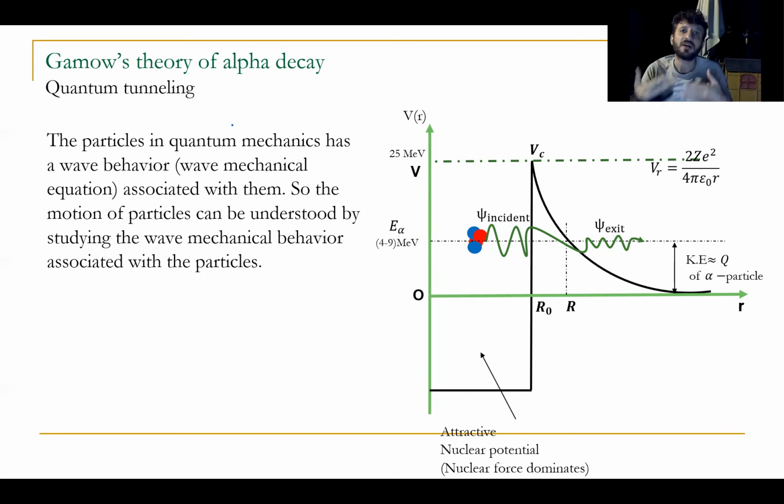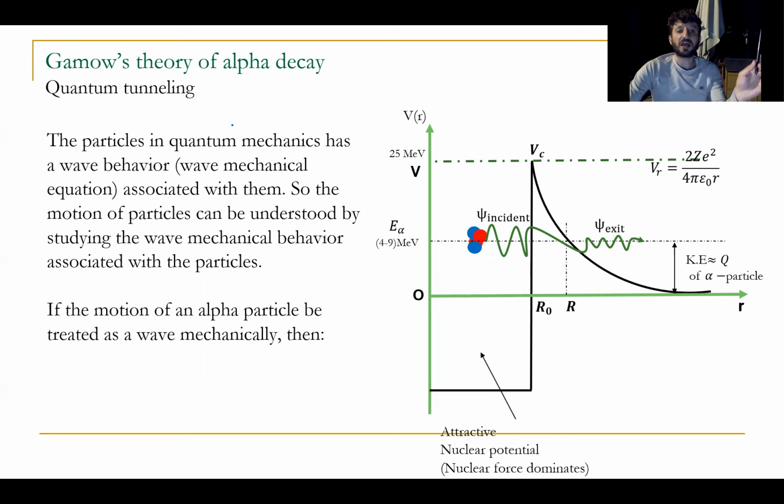Here we can say the same for the motion of each particle. We can associate a wave function, called the wave mechanical equation. So the motion of particles can be understood by studying the wave mechanical behavior associated with the particles.